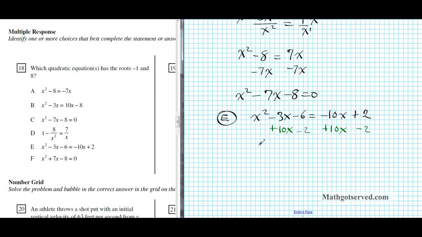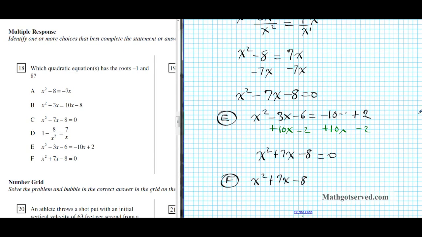If we do that, we have x squared plus 7x minus 8 equals 0. And then option F matches with option E. It says x squared plus 7x minus 8.